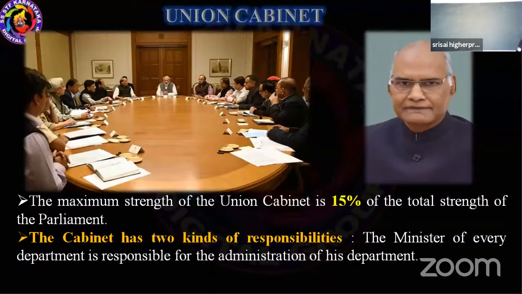Therefore, each and every minister should be aware of their department and should be able to answer during the session if any questions arise from the opposition party or any independent candidate.